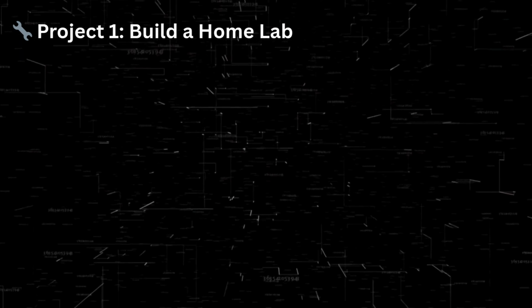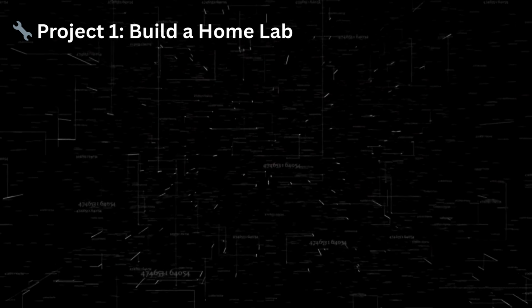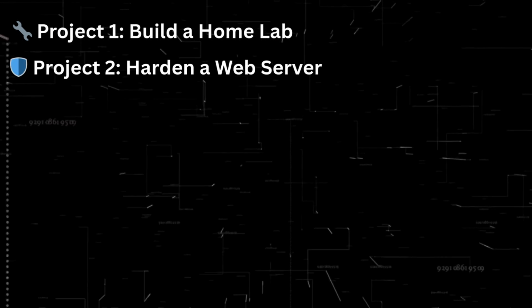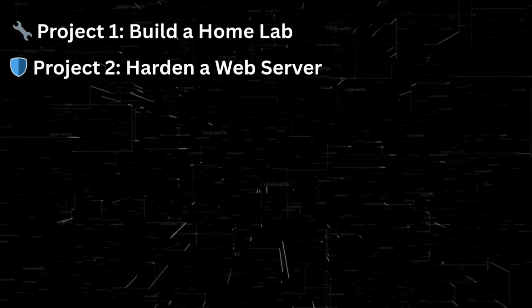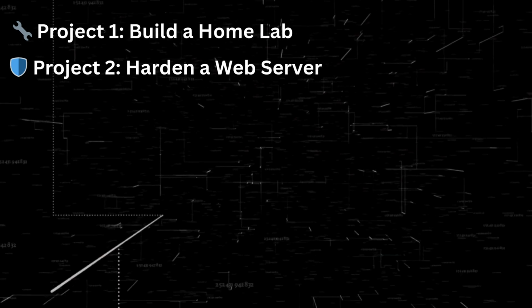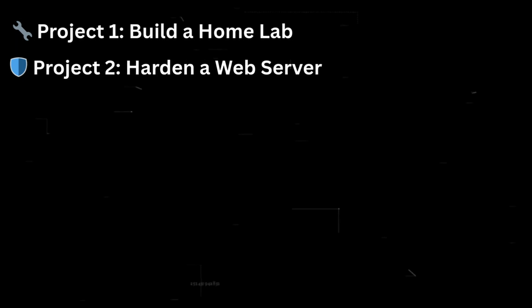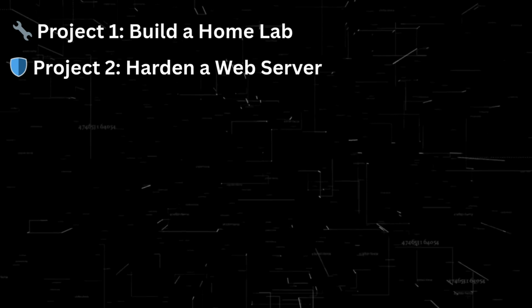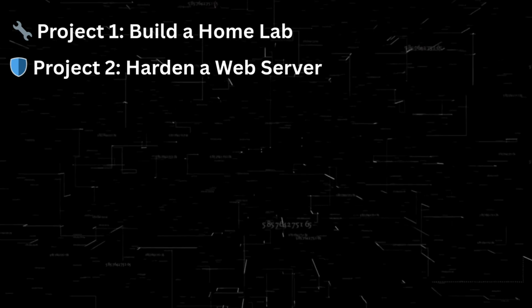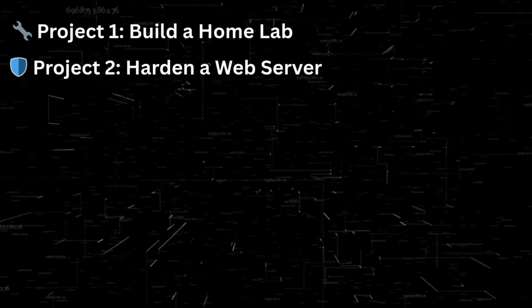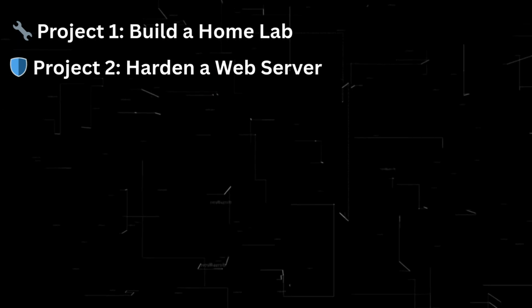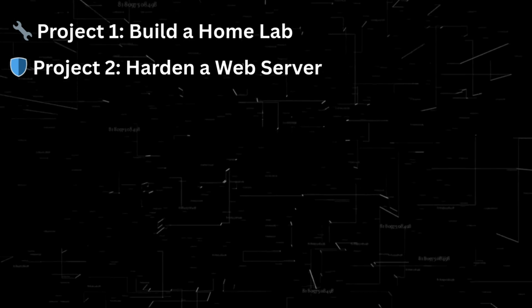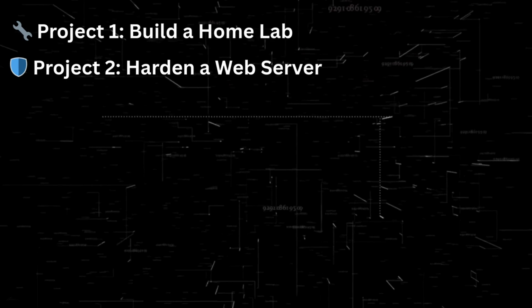You can also do another showcase: hardening a web server. Install, for example, Apache or Nginx on Linux, then secure it by disabling unused services, enabling HTTPS, configuring a firewall as well, and setting up Fail2ban for brute force protection.